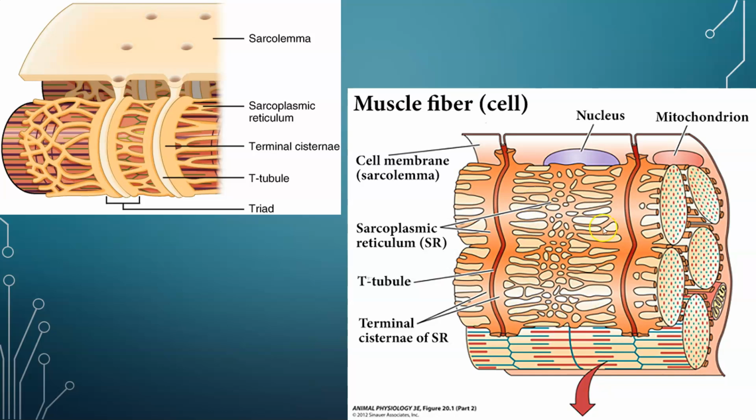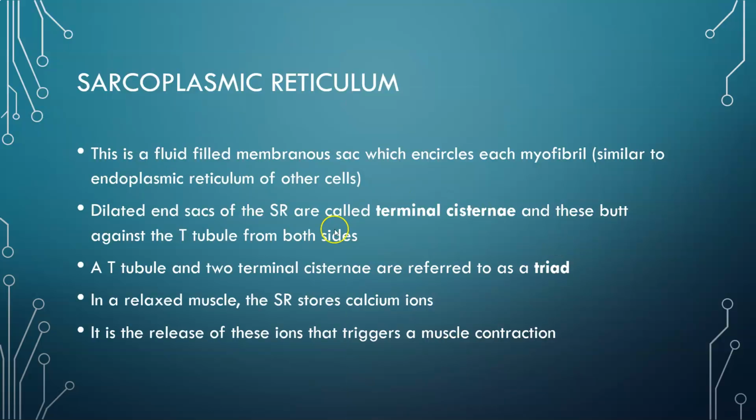We're seeing one full sarcoplasmic reticulum here that ends in its terminal cisternae, and we can see the terminal cisternae here of the next sarcoplasmic reticulum that would surround the next set of sarcomeres, and divided between the two terminal cisternae, we have this tube of the T tubule that's running all the way down, separating each of the terminal cisternae. So we say here, the dilated end sacs of the sarcoplasmic reticulum are called the terminal cisternae, and these butt against the T tubules from both sides.